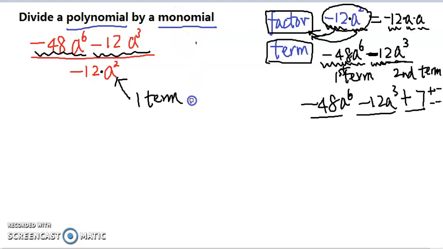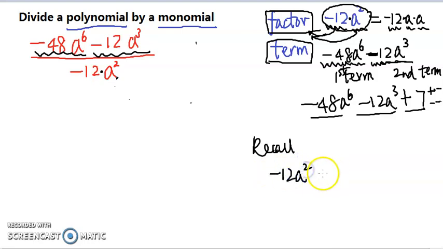If you remember, when we did multiplication instead of division, let's recall an example we learned before. Say we have negative 12a squared times something like maybe 3a to the 6, to make the number smaller for us to multiply.